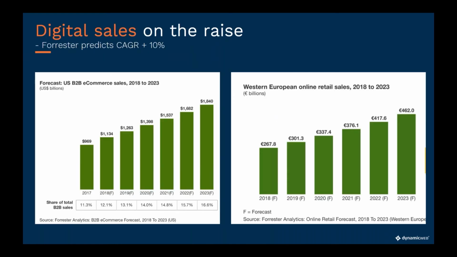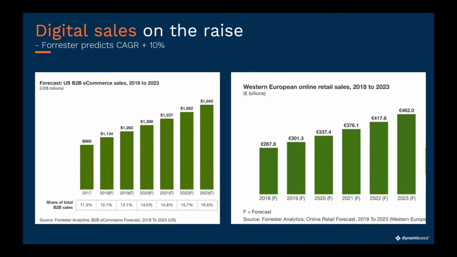Today we'll be talking about dynamic pricing, and of course it has very much to do with e-commerce. Just to give you some interesting numbers from Forrester, you see that e-commerce is really on the rise, not only in the US and in B2B, but also in Europe. The projection is that this will continue.